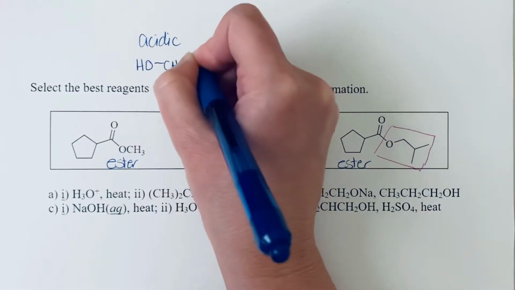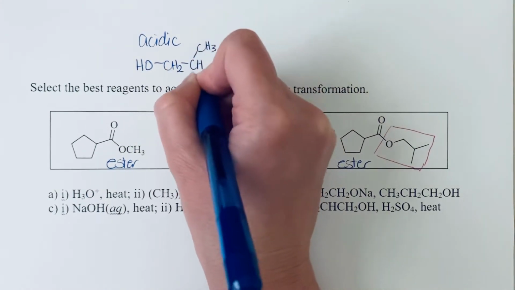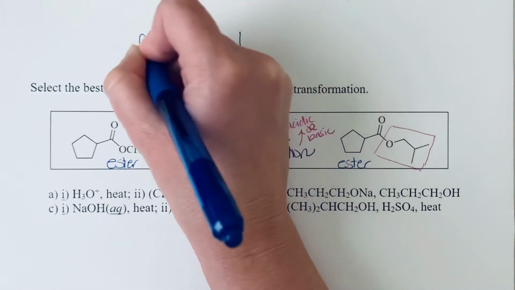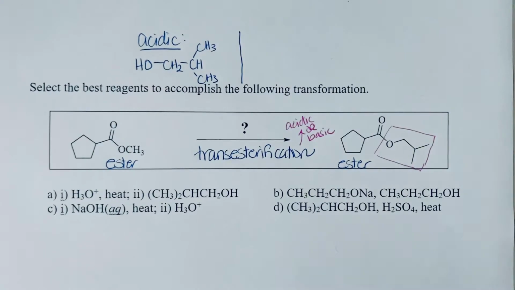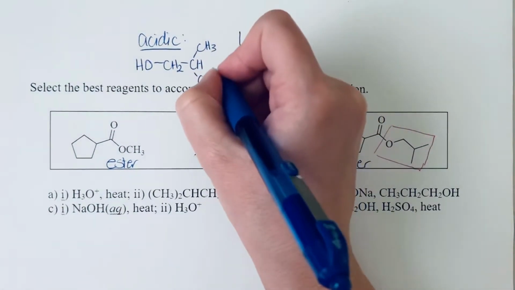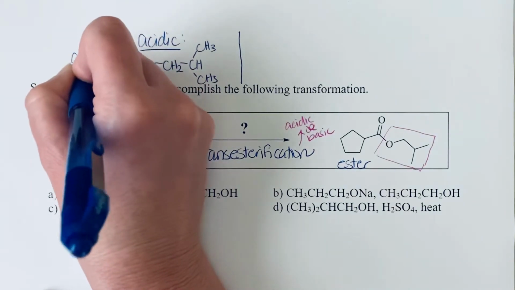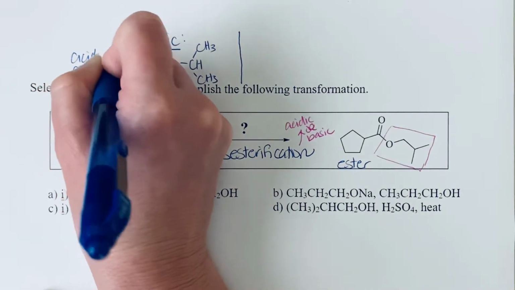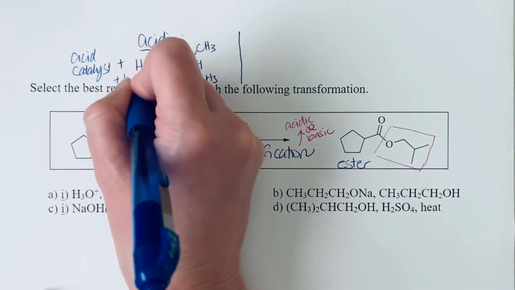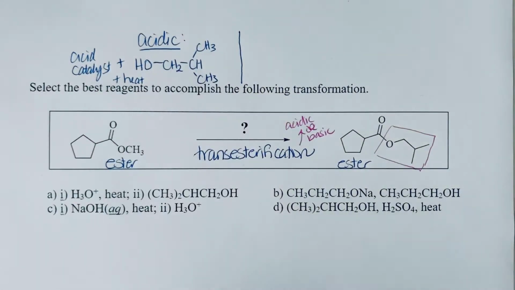The way that you do this reaction under acidic conditions is you use the neutral alcohol, but you also have an acid catalyst, and heat. Your esters are not very reactive, so you need both the catalyst and the additional energy in the form of heat.